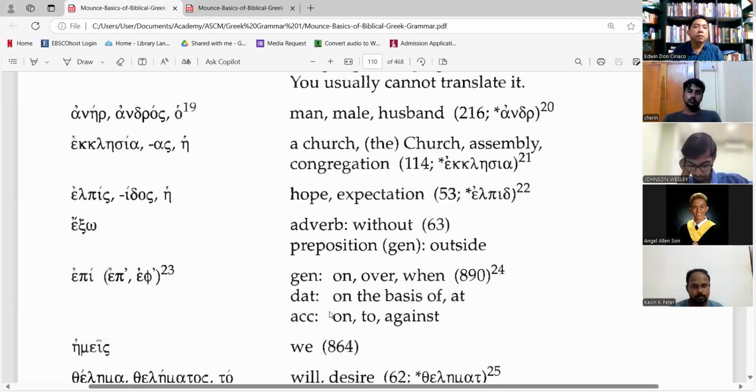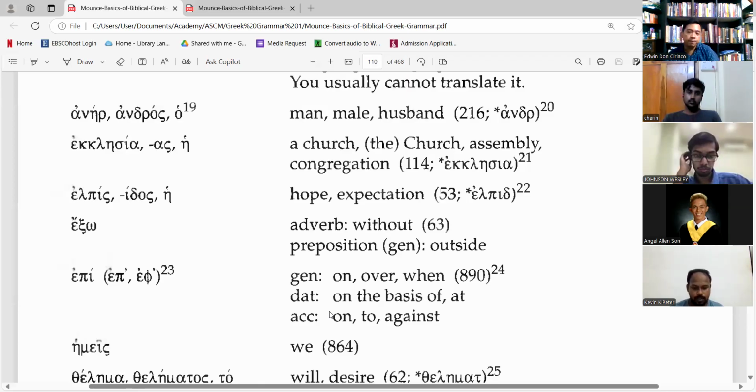And then ecclesia, the Latin is iglesia. And in Filipino, since we were colonized by Spain, the word for church is iglesia. Ecclesia, a gathering, a congregation.